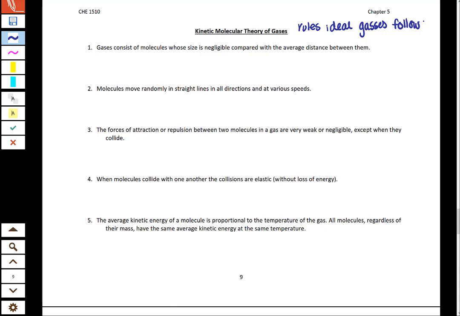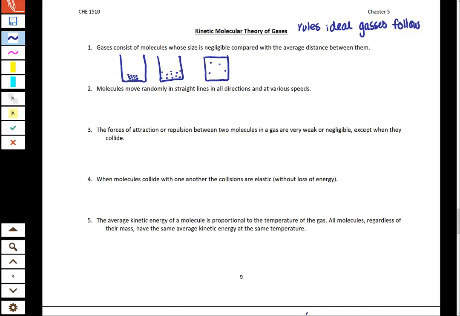So first of all, when we talk about the size of gas molecules, a lot of times when we draw our containers of solid and liquid, that takes up the space of the container, and then the gas, I guess it should be a closed container, has something like this.